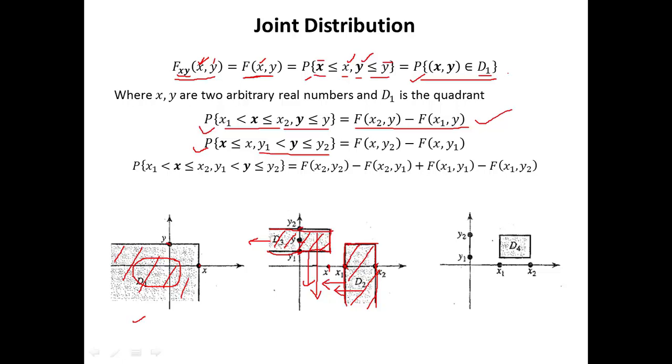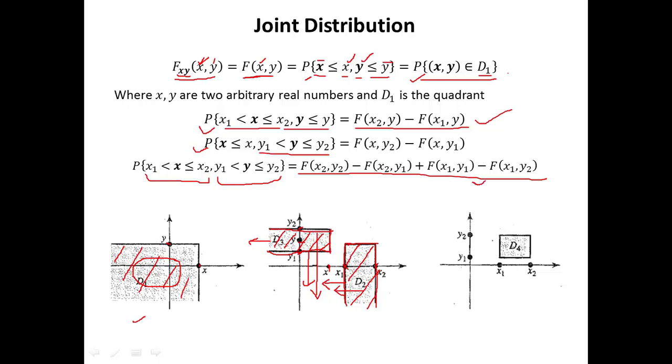The last example: let us consider X is allowed to take values between x1 and x2, and Y is allowed to take values between y1 and y2. If we solve this probability, we get the expression F(x2, y2) minus F(x2, y1) plus F(x1, y1) minus F(x1, y2).